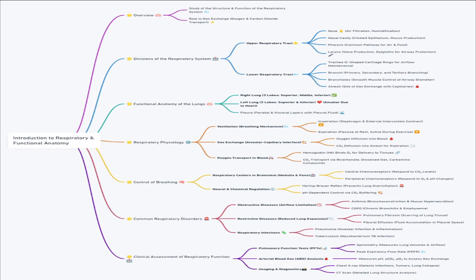Alright, so a quick review on the embryology of lung development. We have several stages: the embryonic stage, the pseudoglandular stage, the canalicular stage, the saccular stage, the alveolar stage, and finally the postnatal stage.